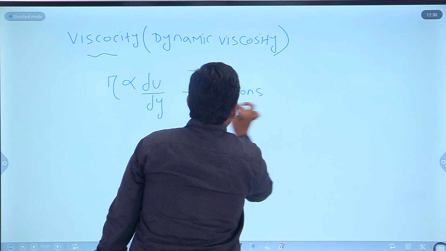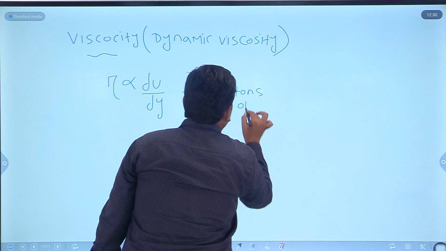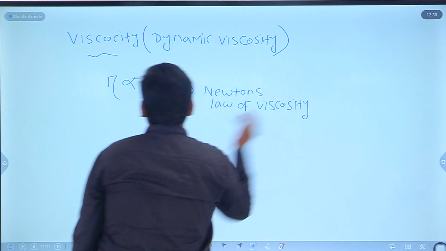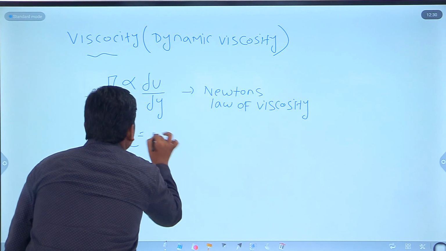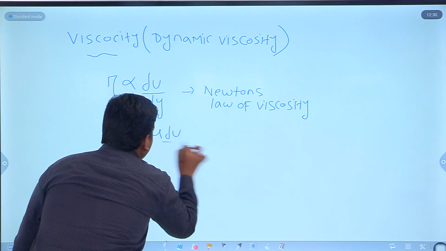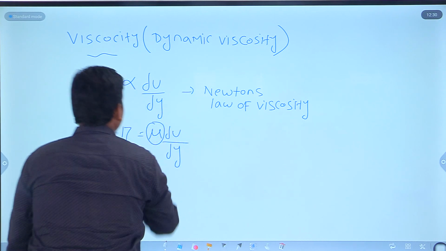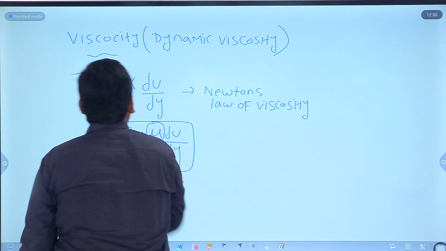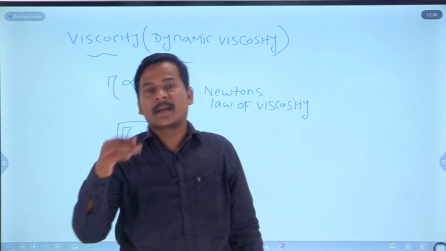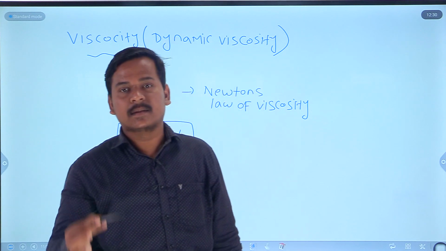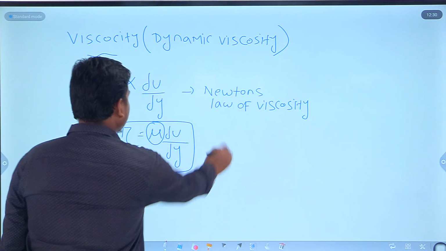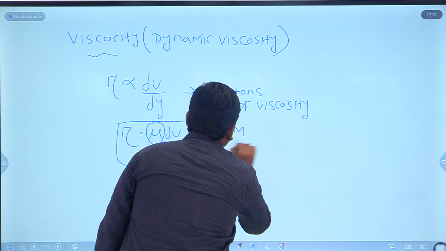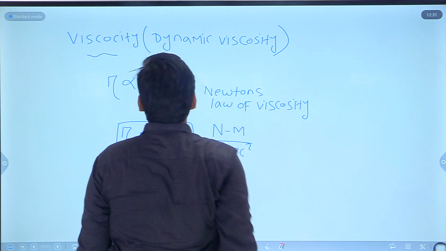Mathematically, tau is equal to mu du by dy. This mu is known as dynamic viscosity. It is the resistance offered by one layer of fluid to the adjacent layer of the fluid. Its unit is Newton second per meter square.